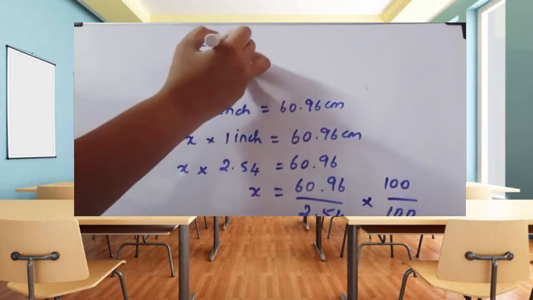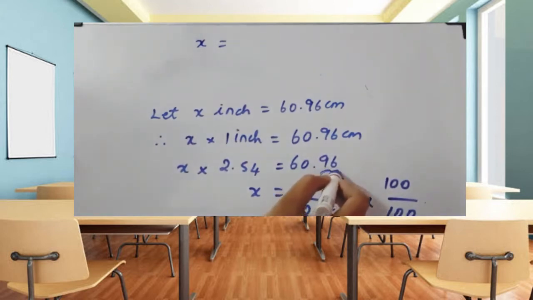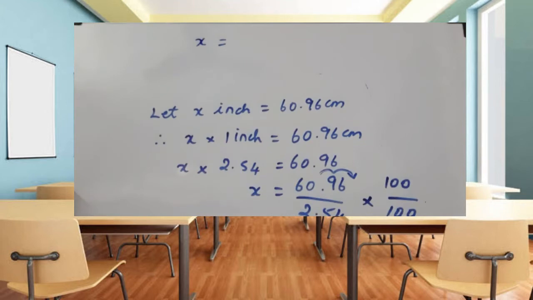So x is equal to, now the decimal will be moving two steps.